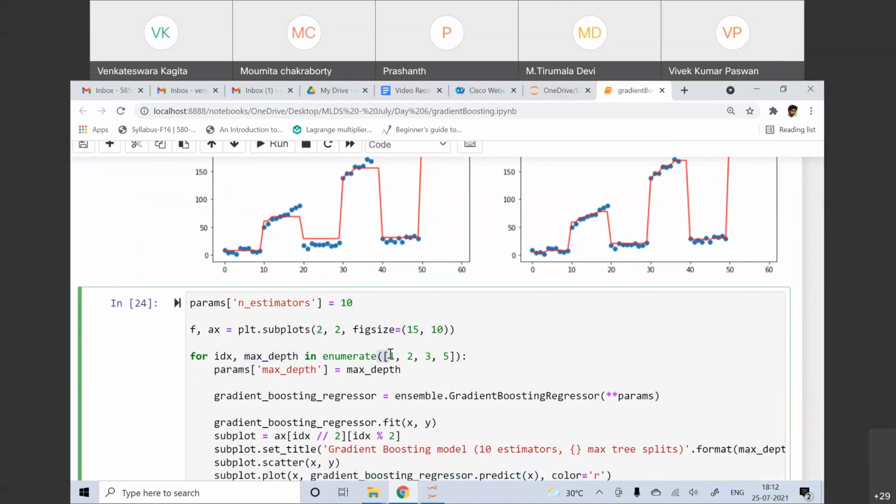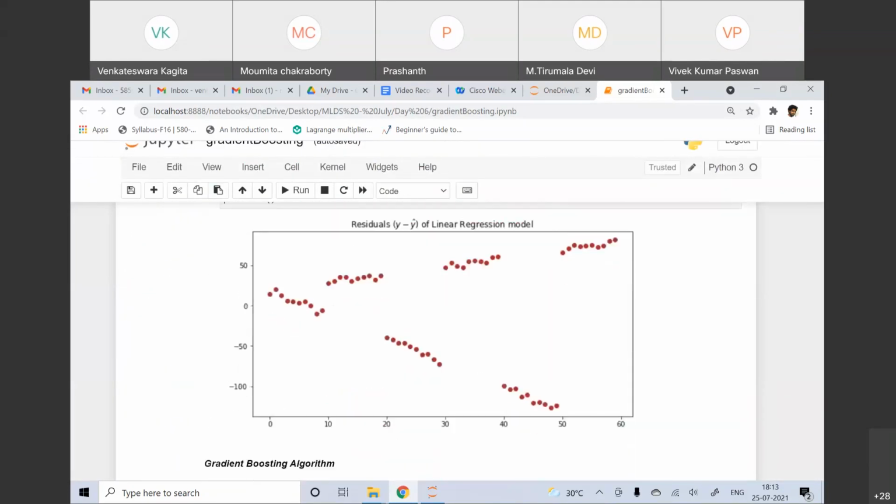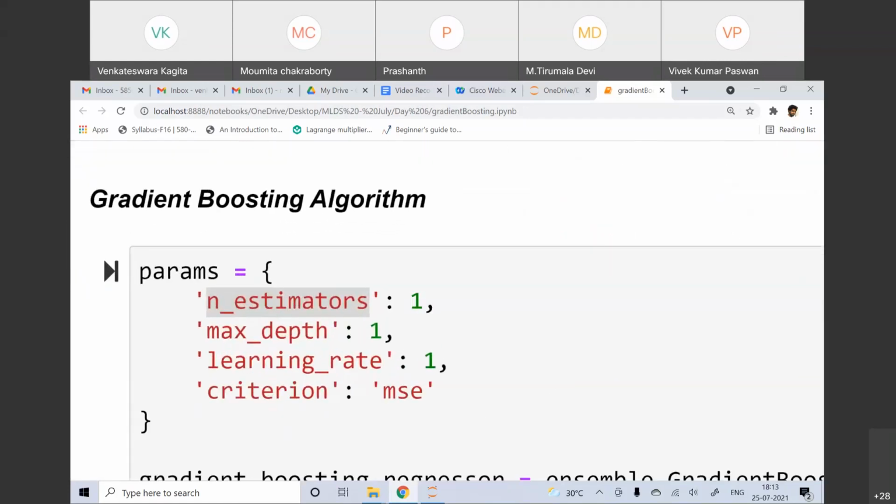So for the complexity of the model, maximum depth is 1, maximum depth is 2, maximum depth is 3, maximum depth is 5. So we have tried different depths. These are the parameters if you just want to look at them once. In one case, we fixed the maximum depth to 1 and changed the number of estimators, and saw that by increasing the number of estimators, we improved the performance.